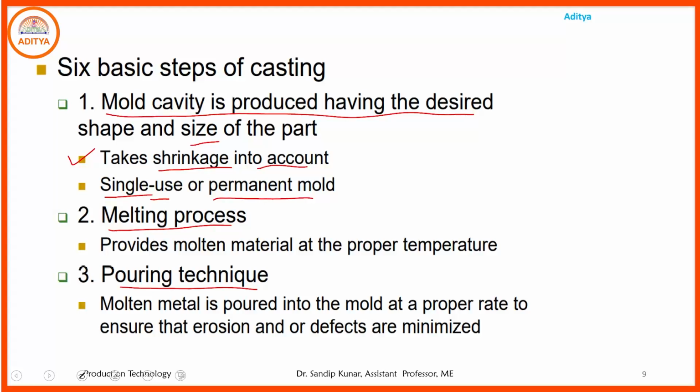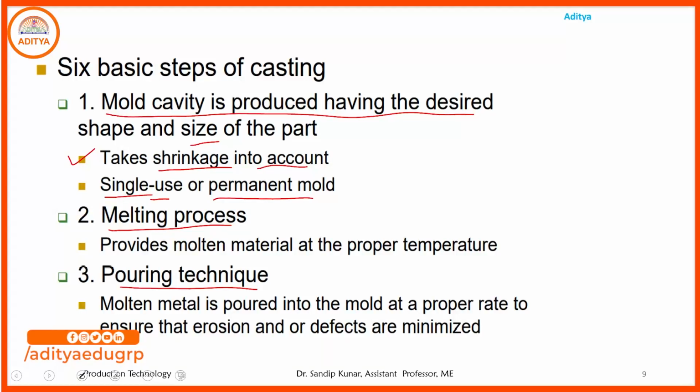In the casting process, using the gating system, we pour the molten material through the pouring cup, sprue well and runner. Through that network of the gating system, from the pouring cup it will come to the mold cavity and take the shape of the cavity.